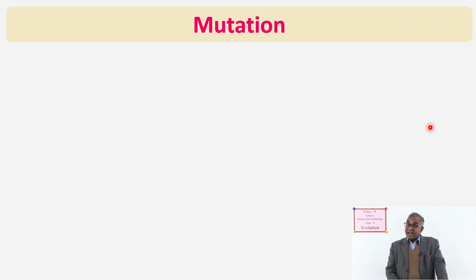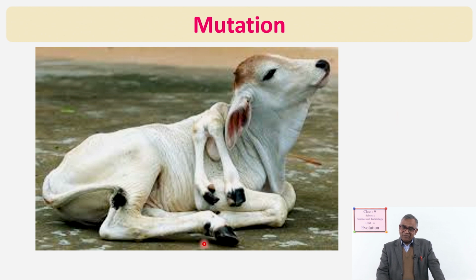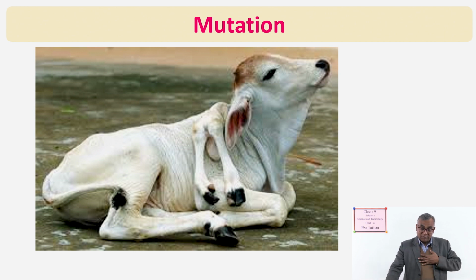Another example, I think many of you have seen. Usually calves have 4 legs, but here there is a bonus leg also, 2 more legs. Have you seen such calves or cows, bulls? I think many of you have seen. And some persons have faith of God in it. But I'm not saying that you shouldn't believe in God. I also believe.